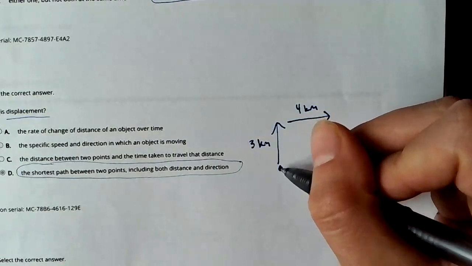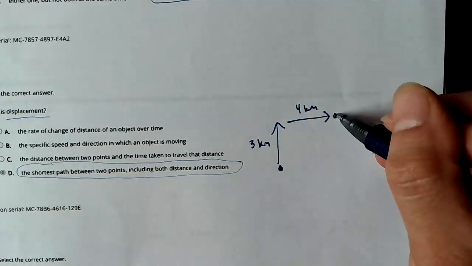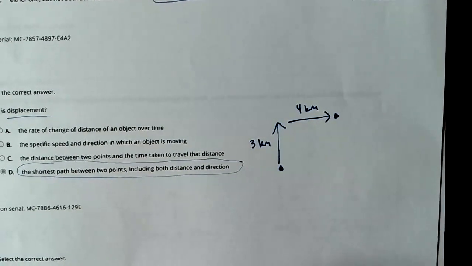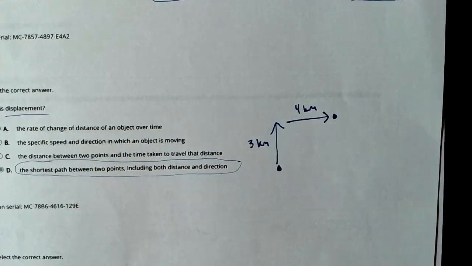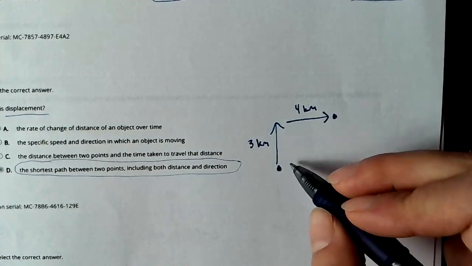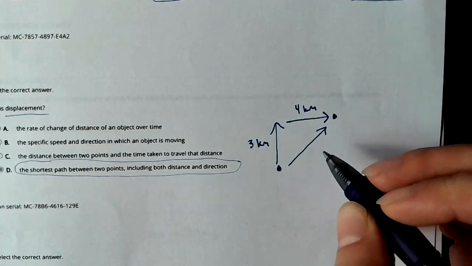So this is your starting point, and this is your destination. So the displacement would be the shortest path between the 2 points in distance and direction. So that would be here.